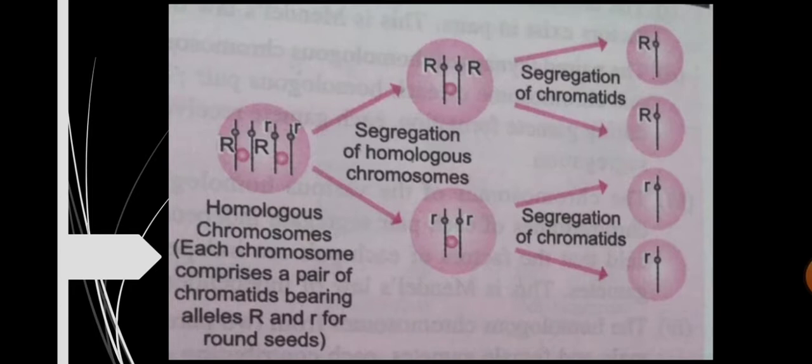And in the next phase, anaphase 2, the chromatids get separated so that ultimately each gamete receives one chromosome along with one allele. Is it clear? So here we can understand the segregation of chromosomes with respect to segregation of alleles into gametes.